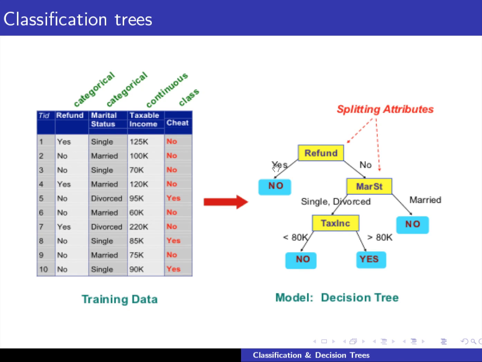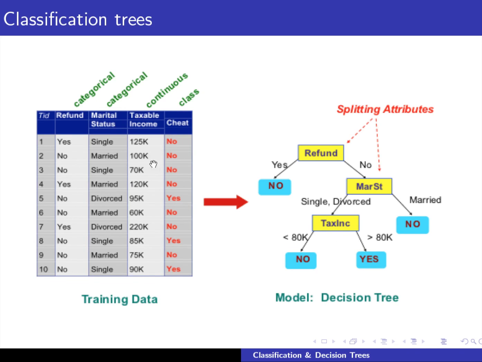And then we've got something a little more complicated. So single and divorced, it's all mixed up. So we separate married from single and divorced. Single, divorced, we've got divorced, yes, they cheated. Single, no, they cheated. So maybe we can go ahead and use the income information to help partition the space as well. So it just happens to turn out, if you look at this, that people who are single or divorced, and then they filed with less than 80K of taxable income, those people just always ended up not cheating in our data set.